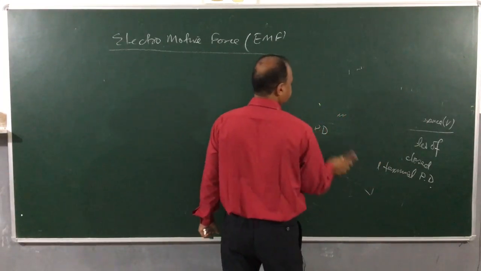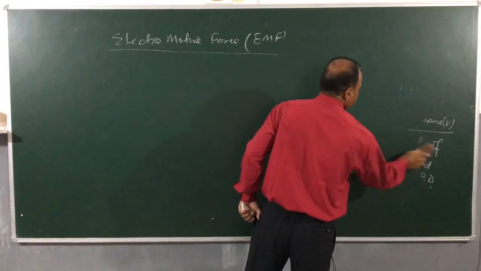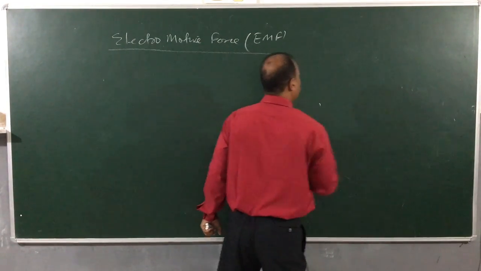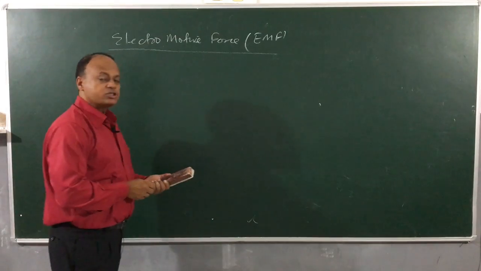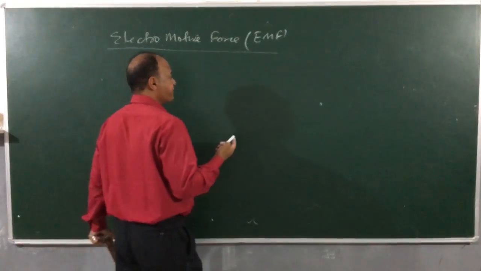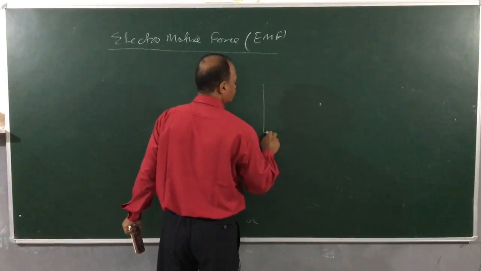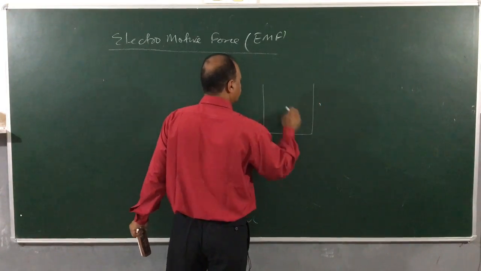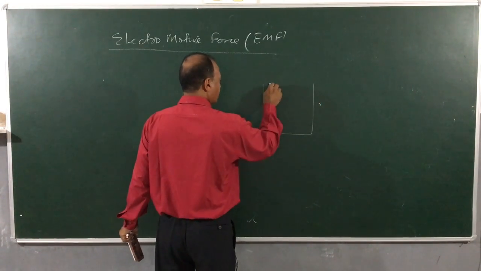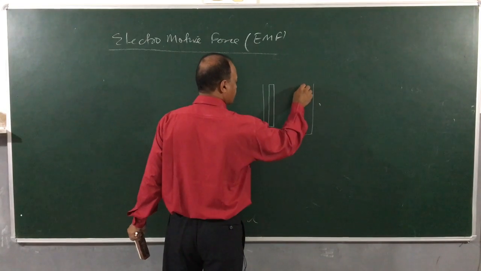Like we said, when we close here, this is the cell, these are electrodes here of the cell.